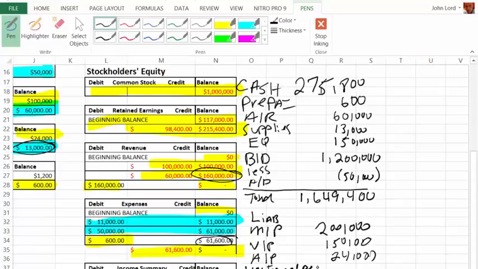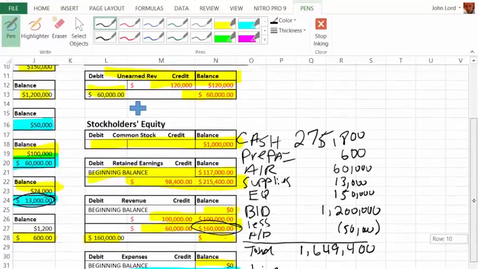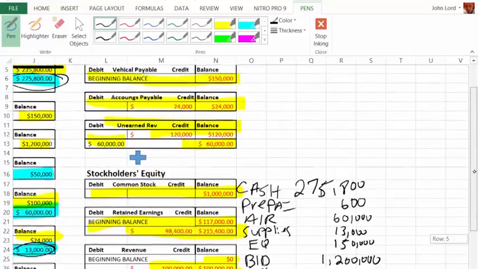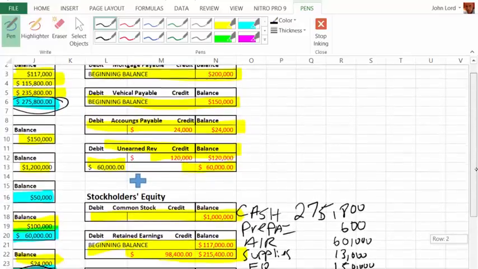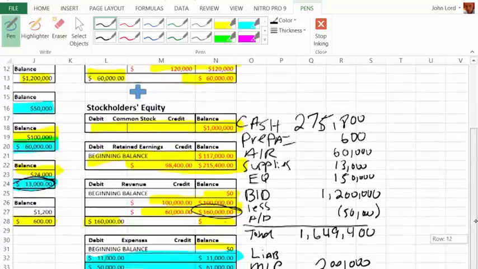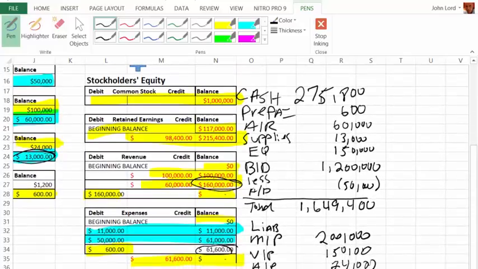Unearned revenue. How much was that? Still 60,000? Okay, that's 60,000. Okay, good. Any other liabilities up there? Any more liabilities? Looks like we got them all, right? Okay, good. So if that's all of those now, what's my total liabilities? 434,000. Okay.